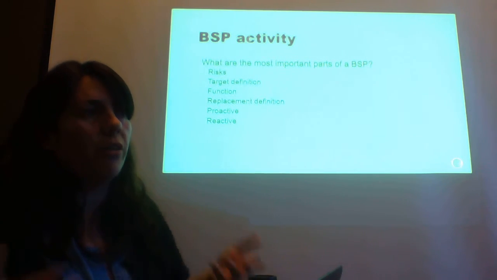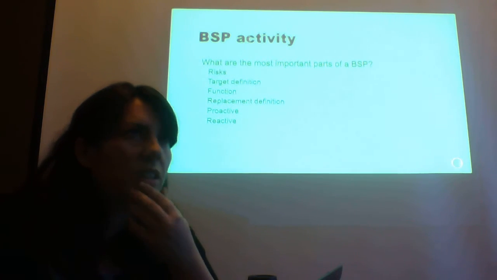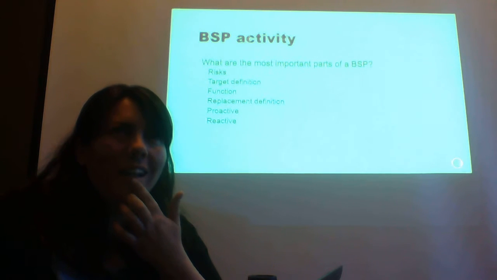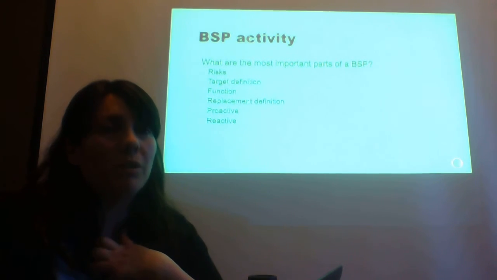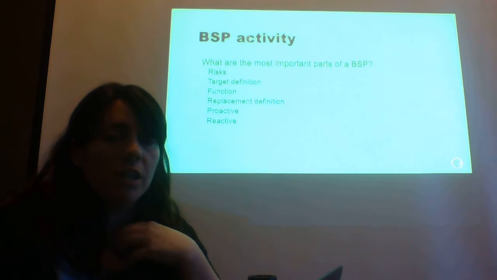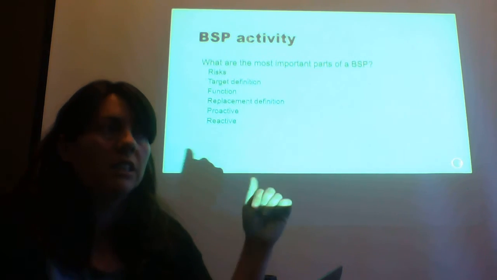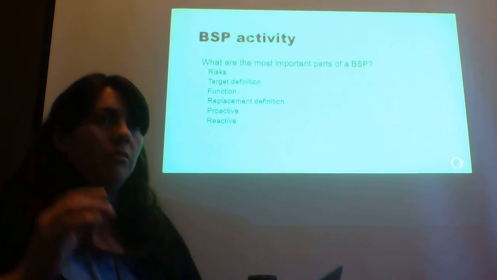Even if you read the plan, you're not going to remember what page 17 said. These are knee-jerk responses, but if you know the function, you'll be able to respond. The replacement definition, because you count that too, and then proactive and reactive strategies. So really 6 things.